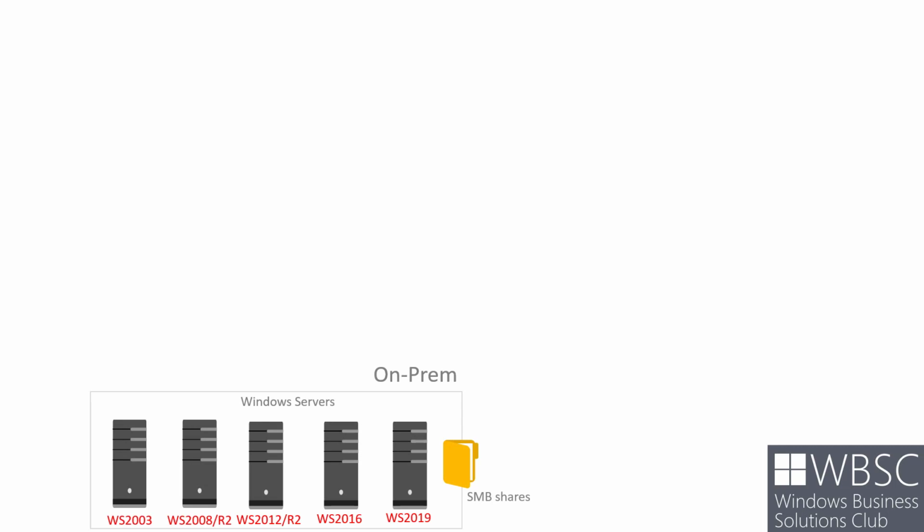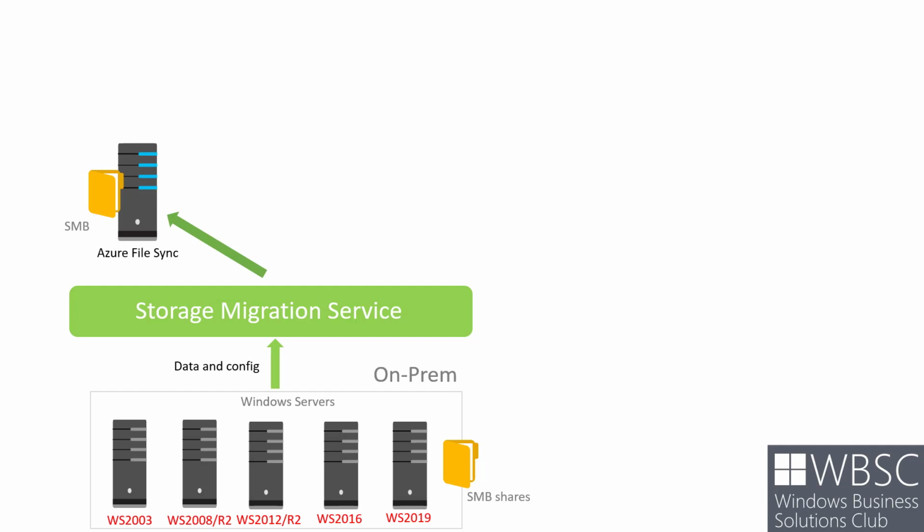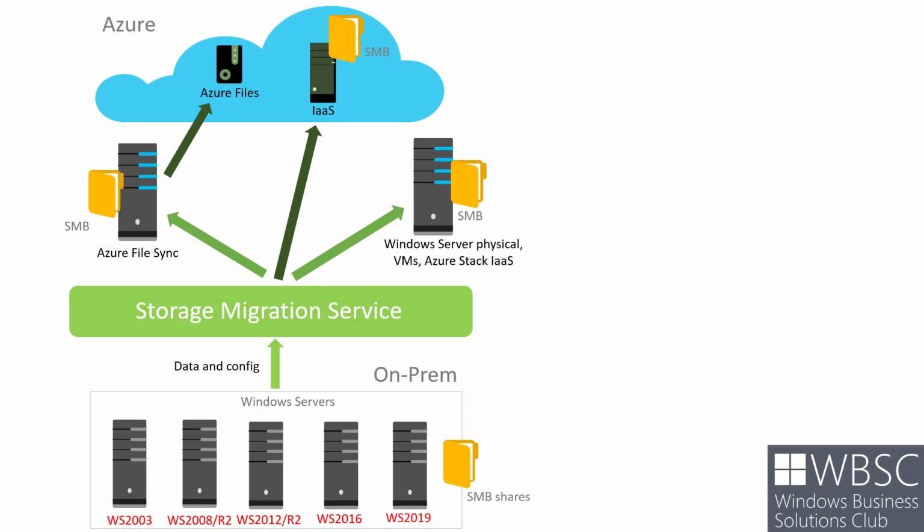Storage Migration Service is a new feature in Windows Server 2019. The Storage Migration Service allows us to migrate file services, so SMB shares from 2003, 2008, 2012, 2016, and 2019 on premises, with all the data, all the configuration, the access control lists, the permissions, and everything, to a new platform, maybe to Azure, maybe to on-premises Windows servers.